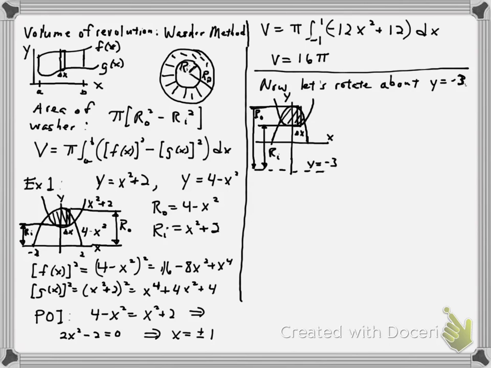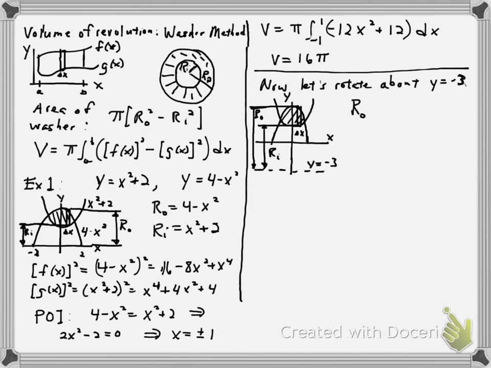Think about what the outer radius was previously, what the inner radius was previously. What do you think the outer radius is now? Well, it still involves the curve of 4 minus x squared. But what do we have to do now with this 4 minus x squared? You can think about this. Don't be confused by the fact that we're rotating about the line y equals minus 3.